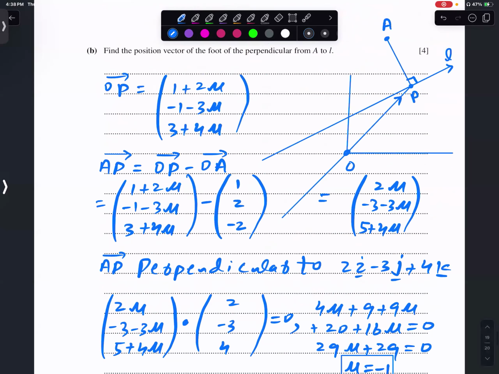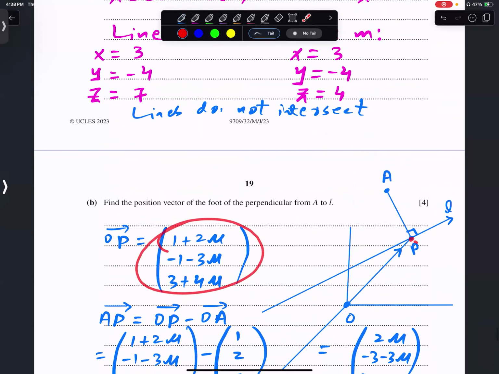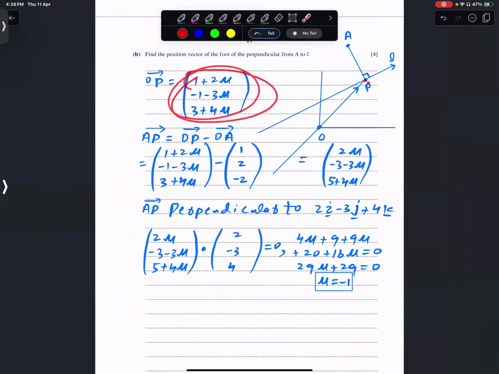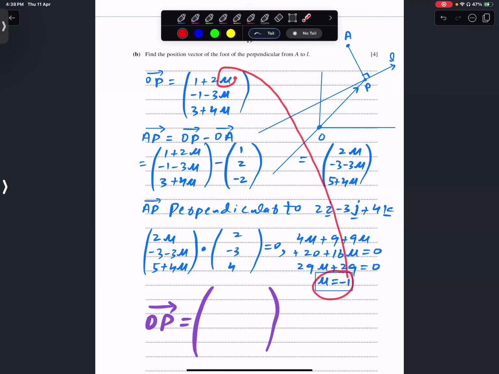So look at the question again. Find the position vector of the foot of the perpendicular. Now this is the perpendicular and this P is the foot of the perpendicular. The position vector of this P is this vector. Now use that value of mu here, in OP. So OP will be minus 1 here, will give you minus 2 plus 1 will give you minus 1.